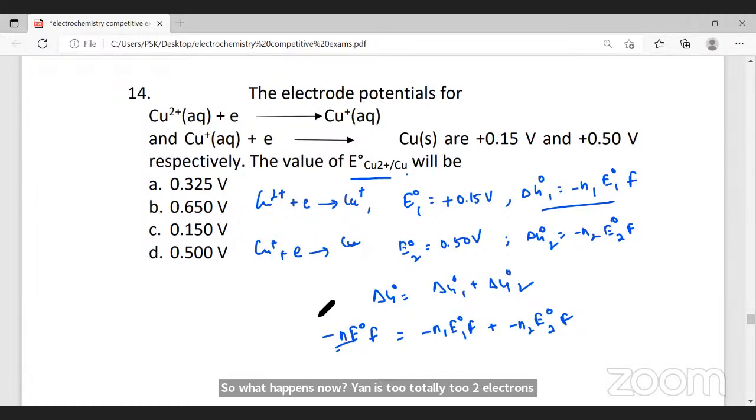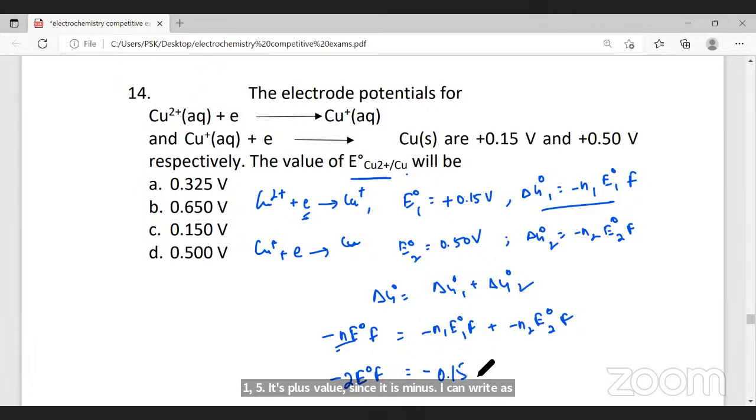When you add these two electrons, it will be minus 2 E naught F. That will be equal to, in the first equation, only 1 electron, E naught, they've given us 0.15. It's a plus value, but since it is minus, I write it as minus.